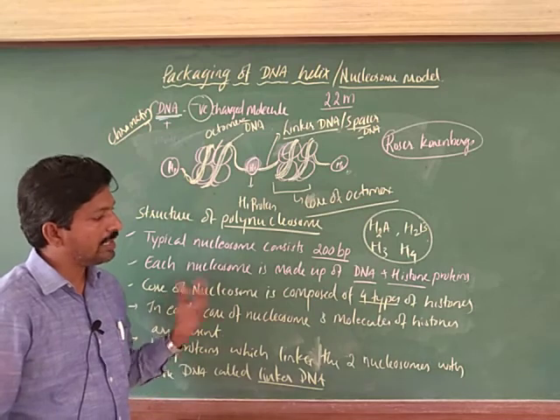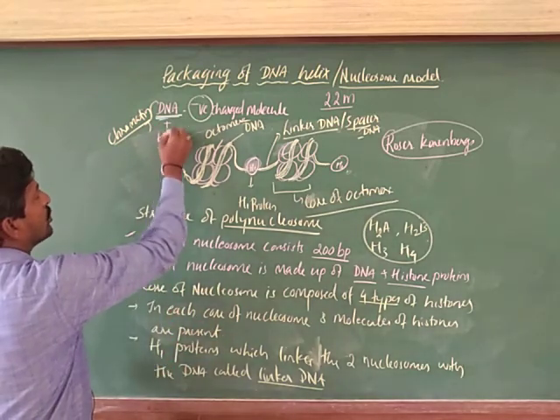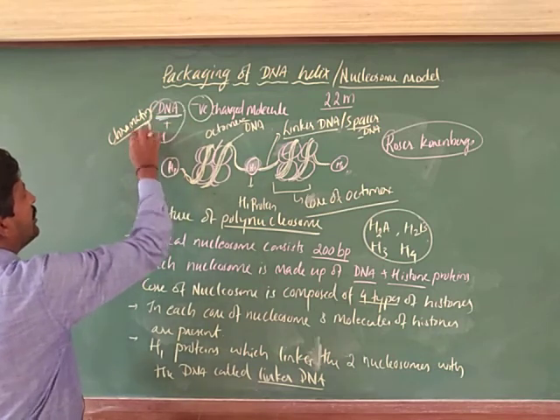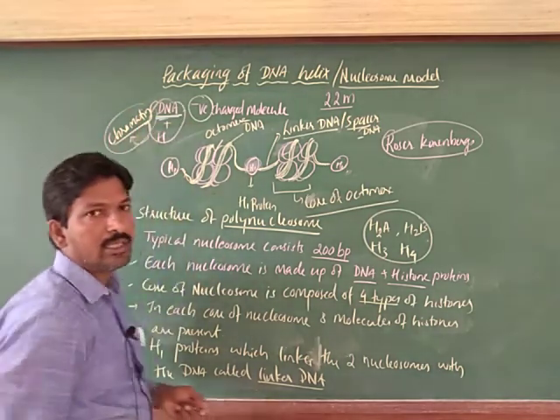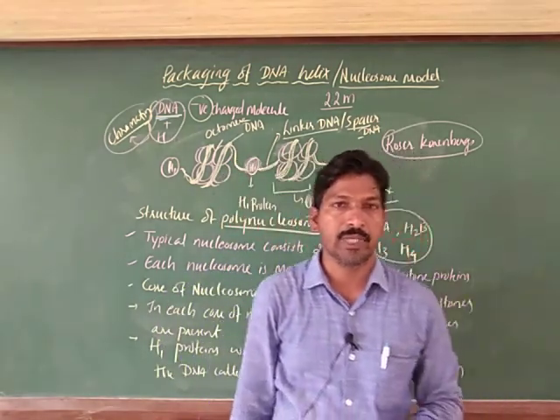One thing you remember: DNA plus histone proteins together we call chromatin. There are types of chromatin in the cell, which will be discussed in the next video. Thank you students.